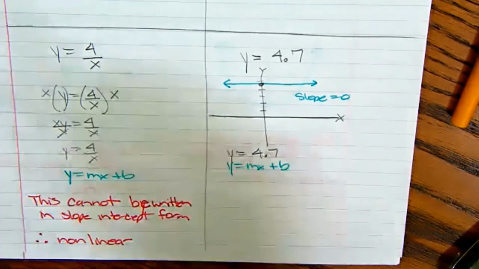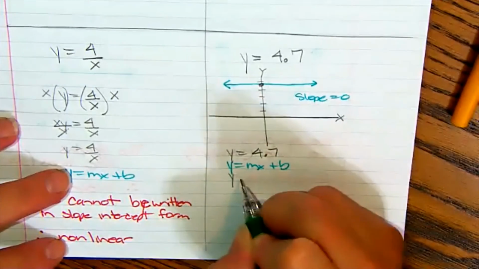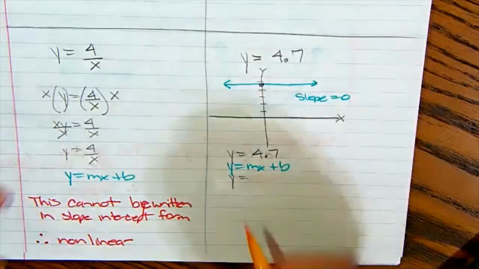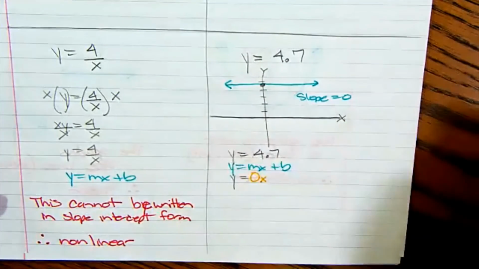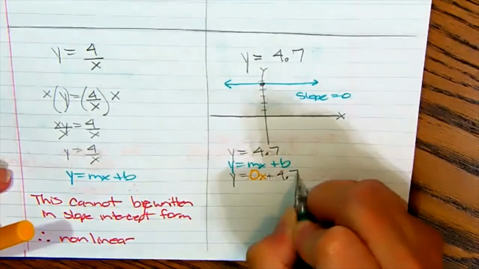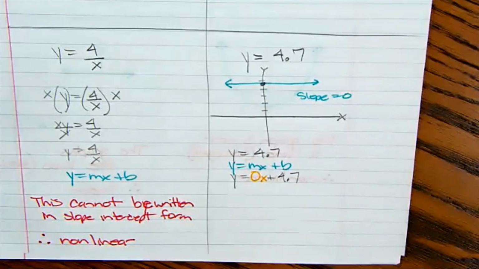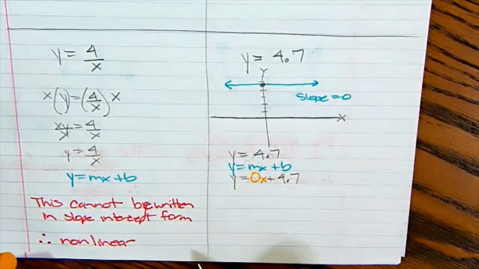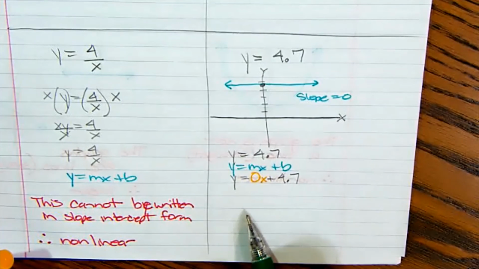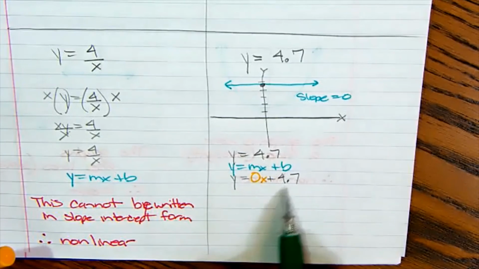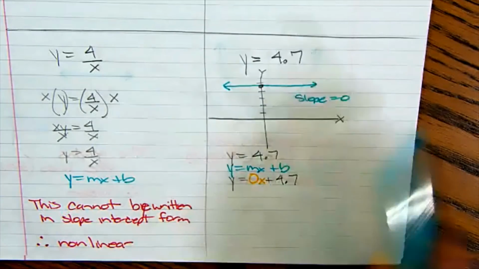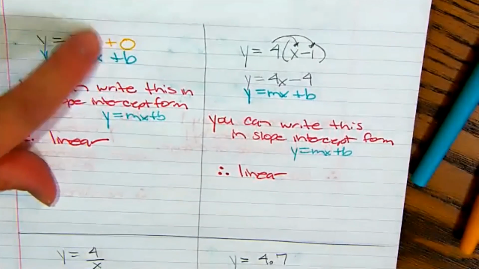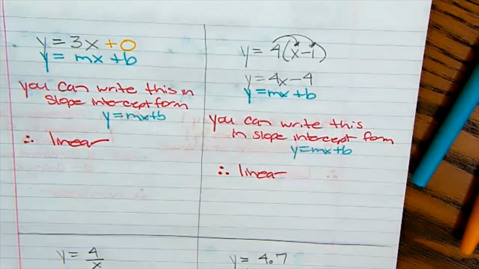So what we really have here is y equals 0x plus 4.7. 0x is going to be 0. 4.7 is your b. So can this be written in slope-intercept form? Yes, it can. Just like up here, when b is equal to 0, we don't write it in.